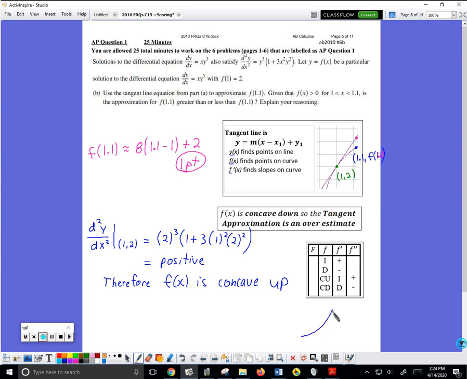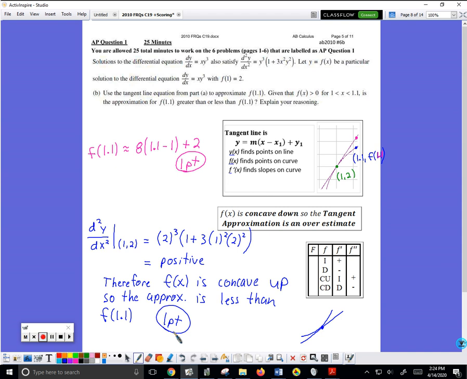You have concave up, and then your tangent line is going to lie below. So therefore, f is concave up, so the approximation lies below the curve, so less than the actual value. The actual value is f of 1.1. If you have this in blue, all of it, you get 1 more point.